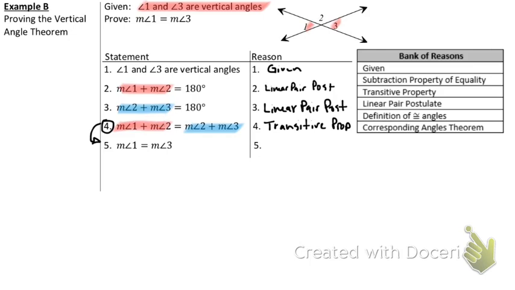So in essence, I'm going to minus the measure of angle 2, treat it like a number. And what happens is these would cancel out. And when they cancel out, we have measure of angle 1 is equal to the measure of angle 3. Okay? So in order to go from step 4 to step 5, I've actually had to subtract something. I subtracted angle 2 from both sides, and this is why we have subtraction property of inequality.